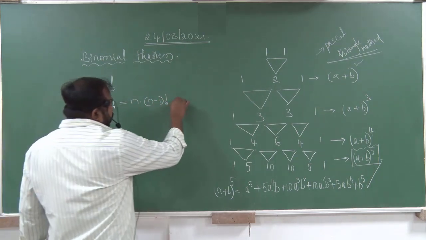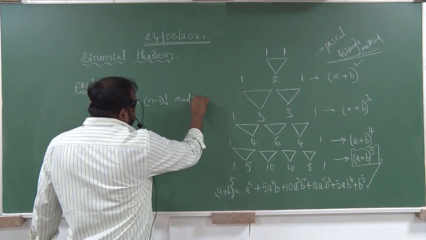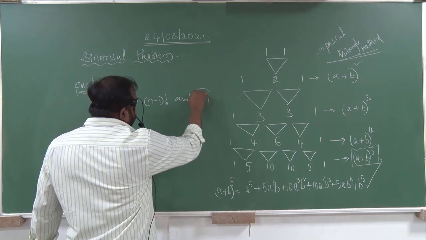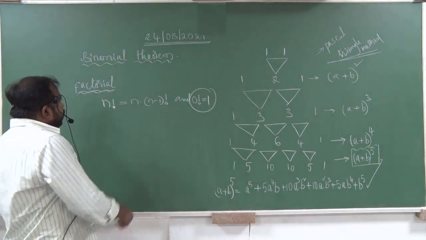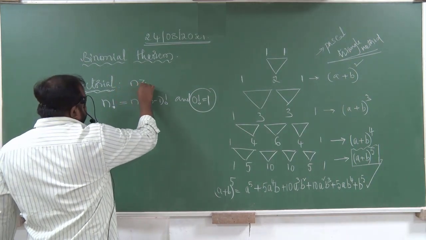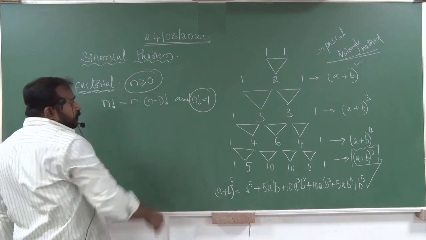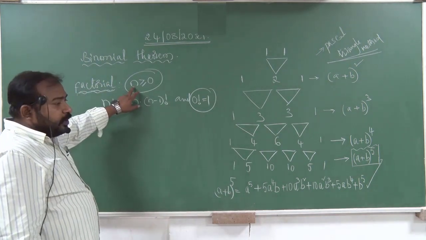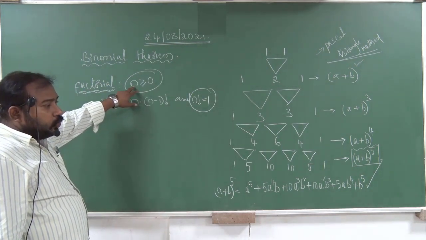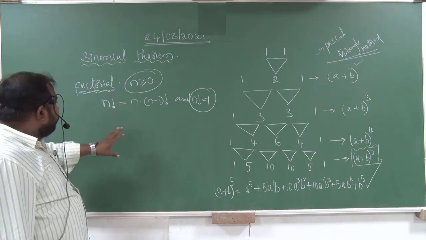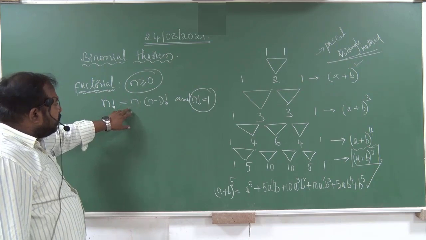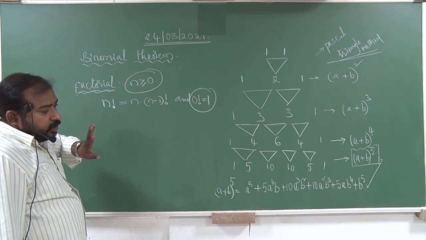And here we define 0 factorial equals 1. So if n greater than or equal to 0 is an integer value, then n factorial is defined by n into (n minus 1) factorial.